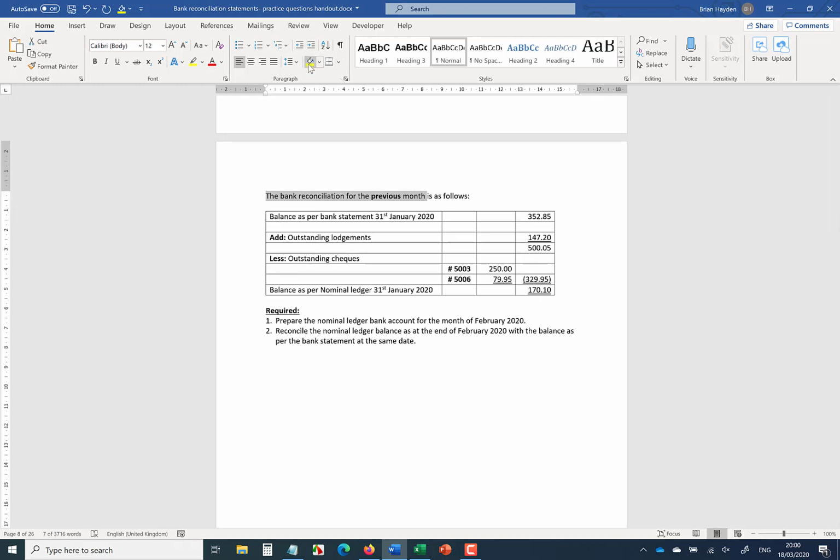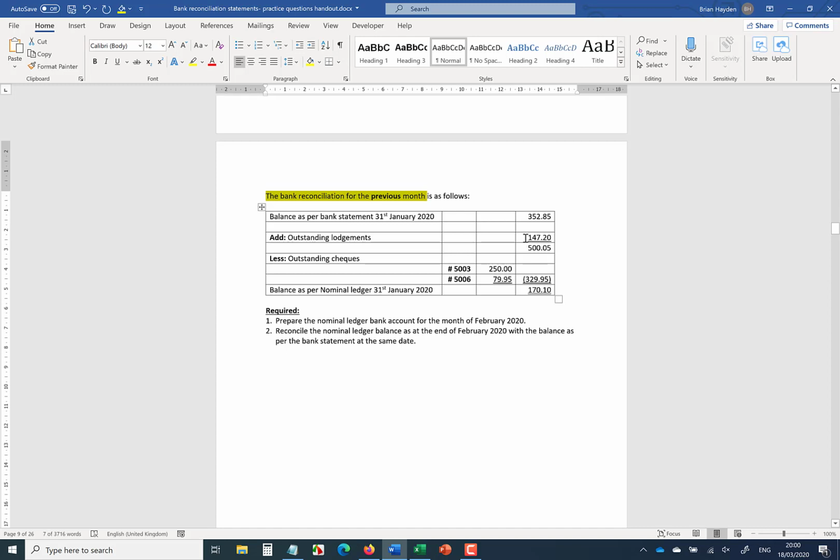Now, the question provides us with the previous month bank reconciliation. This is helpful because it gives us a template that we can use when preparing the bank reconciliation for the current month. So in a question where this is presented to you, you can use this same layout. This was prepared at the end of January, and it showed the statement balance at the end of January adjusted for items, outstanding lodgements and outstanding checks, which hadn't yet gone through the statement but which we had recorded ourselves.